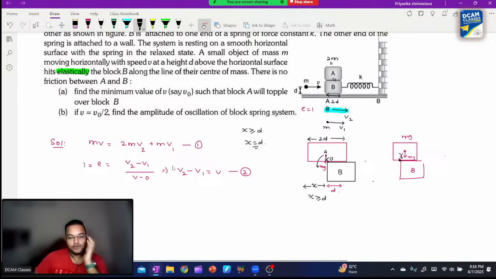Solve it and tell me what value of V2 you are getting.